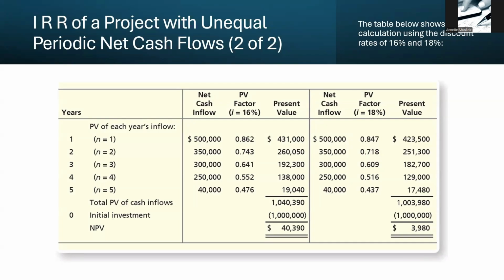Here you see this table. It shows the net present value calculation using discount rates of 16% and 18%. So in the middle column, you see the 16%, and in the column to your right, you see the 18%.